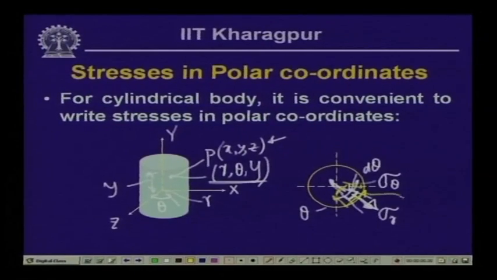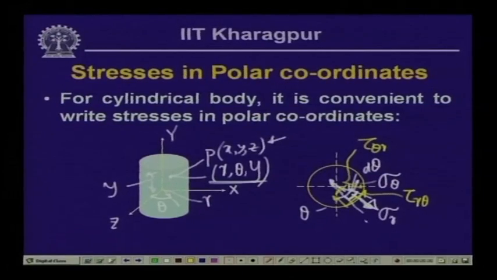And this tangential stress, which we have defined as shearing stress, is tau on the r plane acting in the direction of theta, we call that tau r theta, and the other tangential stress on the theta plane will be tau theta r. Eventually, tau theta r is equal to tau r theta, as we have seen in the previous lesson.